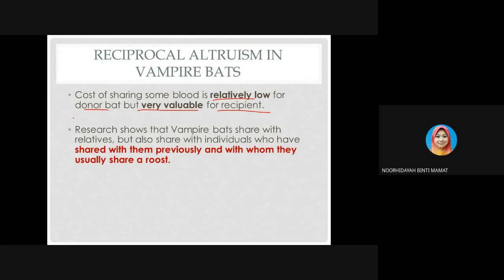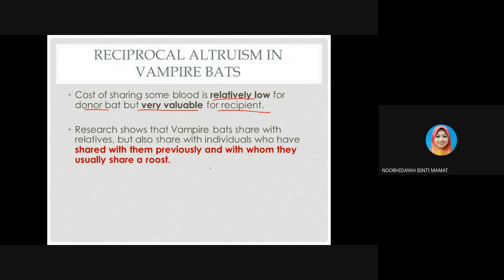Some research shows that vampire bats share with relatives, but also with individuals who have shared with them previously, and with whom they usually share a roost. So the vampire bats will share blood with those who previously shared blood with them, returning the favor in the future.